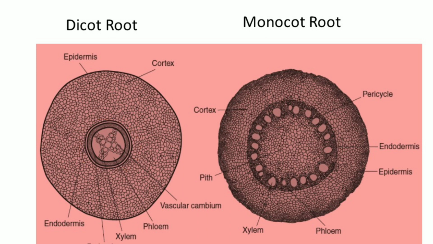So here you see that the xylem cells are located in the center of the root in a star-like arrangement, surrounded by the phloem in dicot plants.